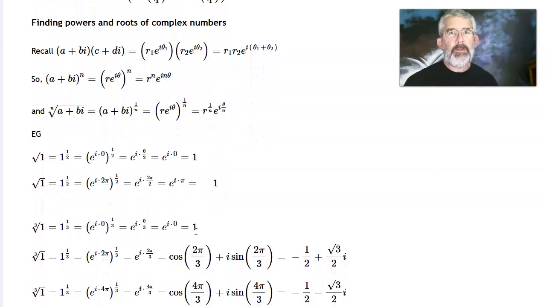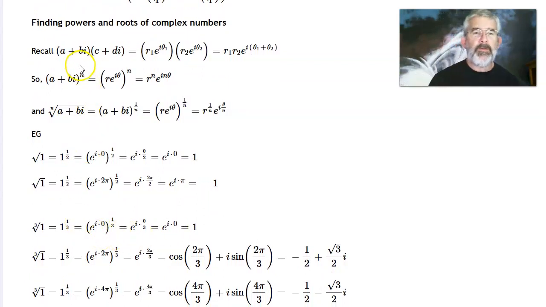Okay, now let's recall from a previous video when we first started talking about the geometry of complex numbers, for instance, that when you multiply two together, what's happening is you're multiplying the two radii together and you're adding the two angles together. Not at all obvious when you deal with complex numbers in their real and imaginary components. a plus bi times c plus di is, what is it?